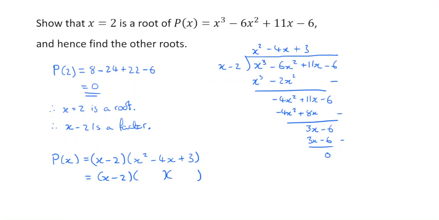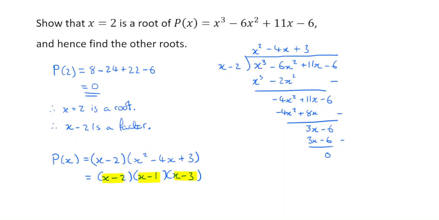So what is that quadratic going to factorize to give? Well, x minus 1 and x minus 3. Okay, so to summarize, the polynomial has got three factors: x minus 1, x minus 2, and x minus 3.